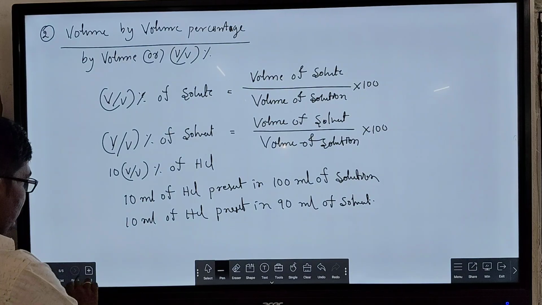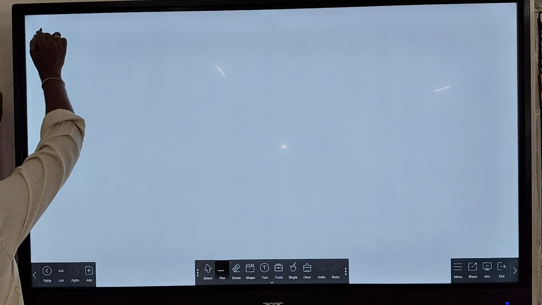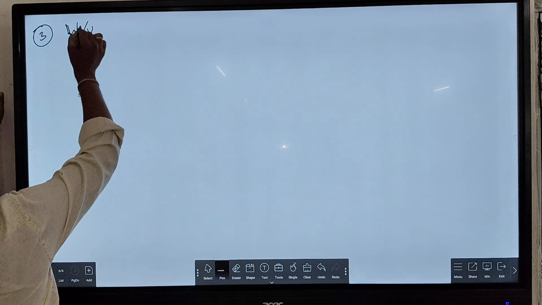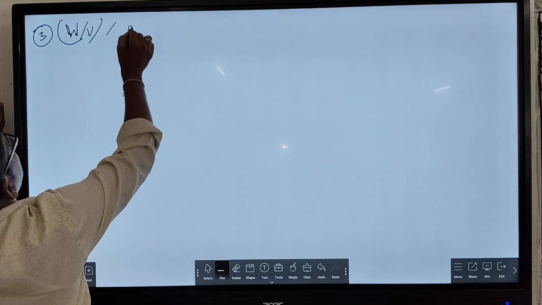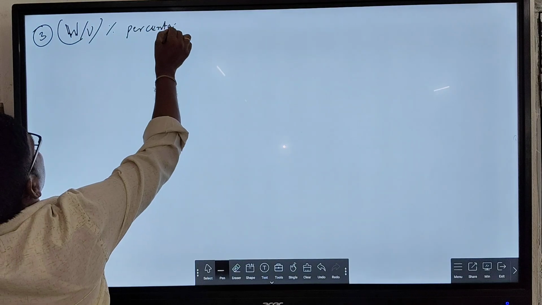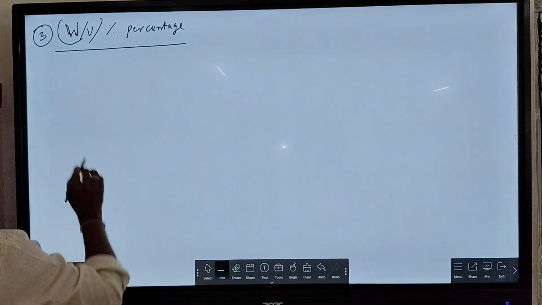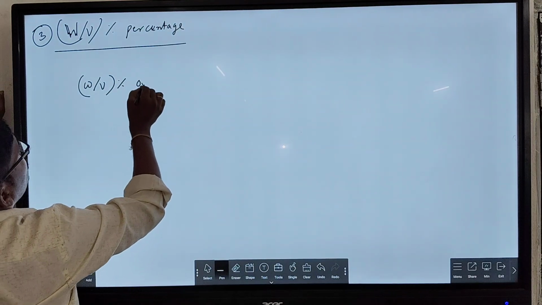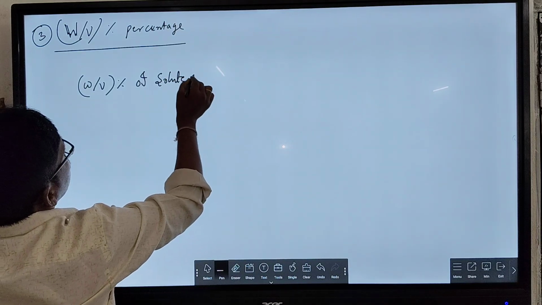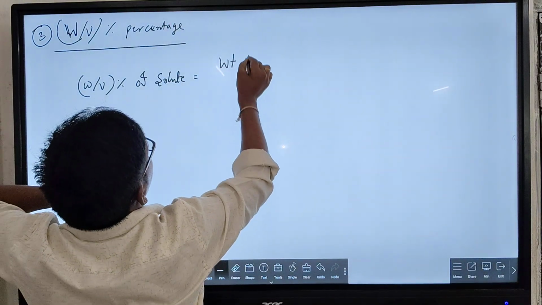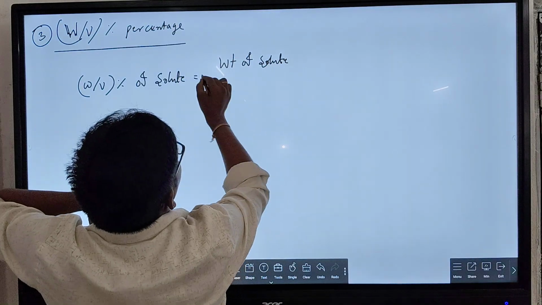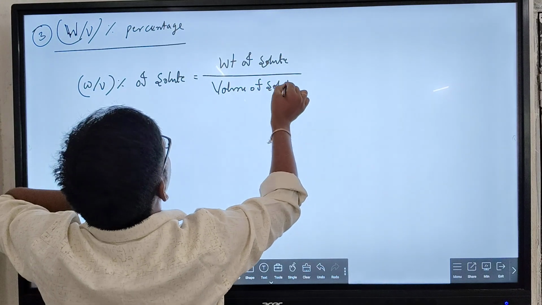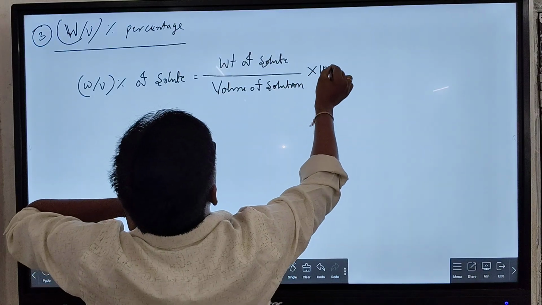Then third one is there, that is weight by volume percentage. So now, sir, weight by volume percentage of solute, if they will ask: weight of solute divided by volume of solution into 100.